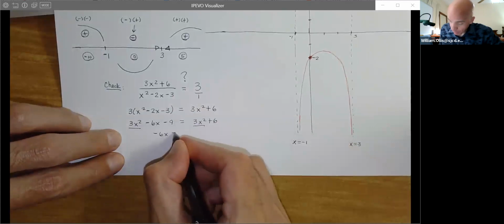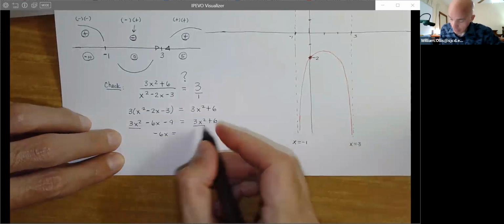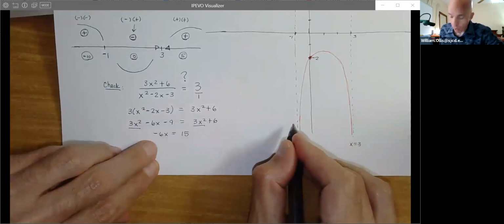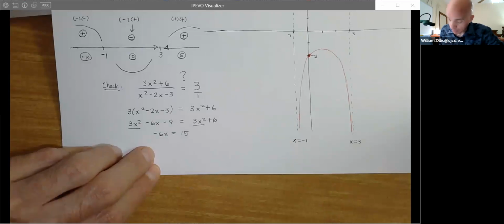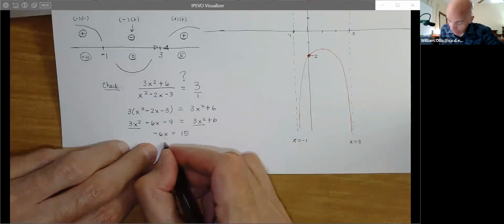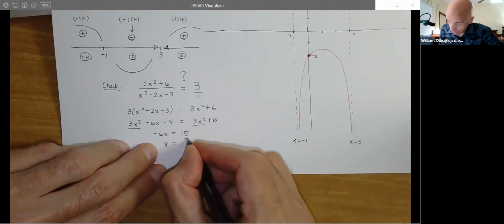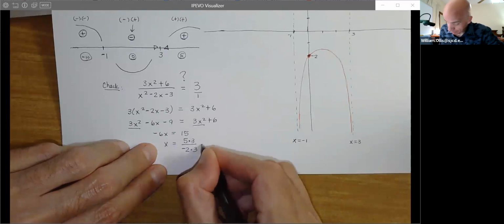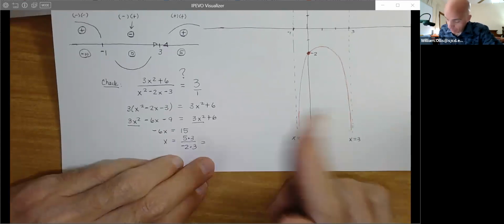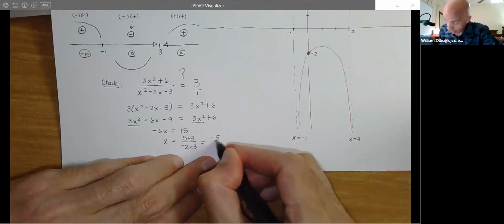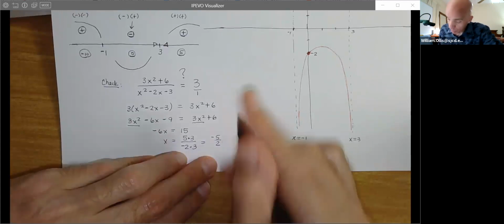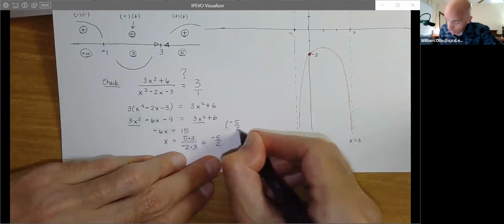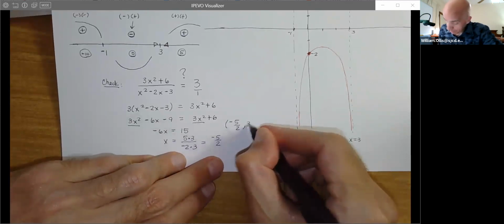If we add 9 to both sides, that'll give us a 9 plus a 6. Well, boy, easy arithmetic compared to the word problems that we did with all that symbolic computation. And so x equals, so that'll be 5 times 3 divided by negative 2 times 3. The 3's absorbed. And so that gives us a negative 5 halves. So indeed it does. So we get the point negative 5/2, which is negative 2.5, 3.